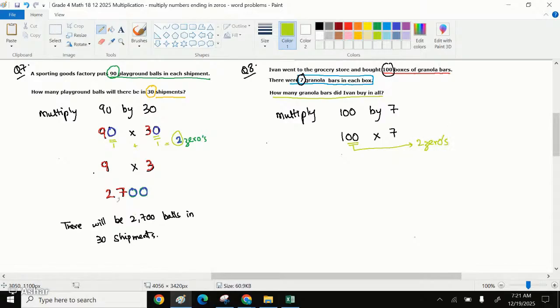Agreed? So if we have 2 zeros, we look at the whole numbers. 1 multiplied by 7 is 7, and we simply put the zeros at the back because there were already 2 zeros over here.